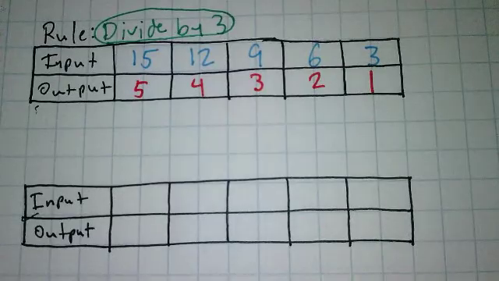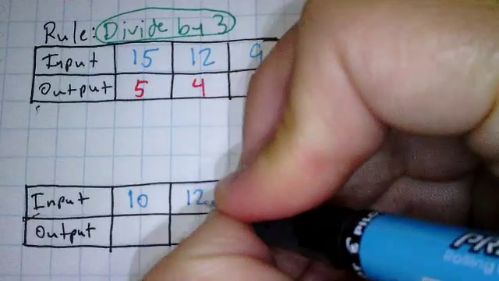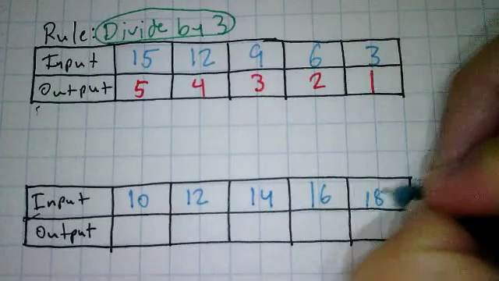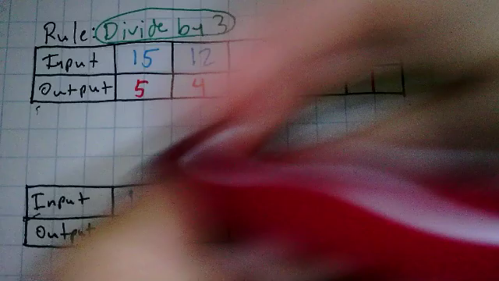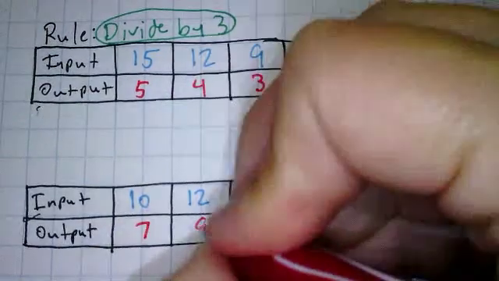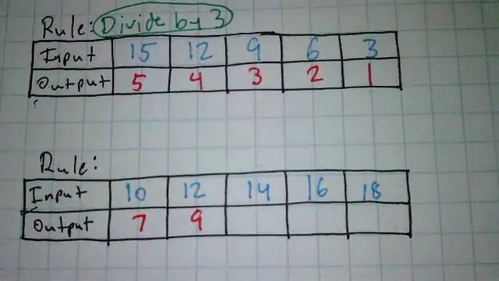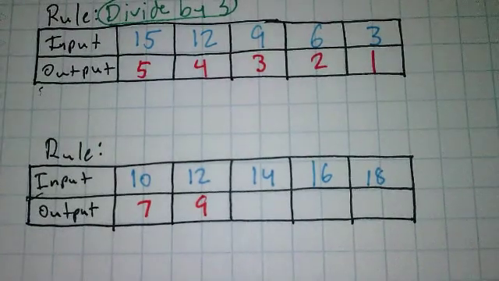They're going to give you all of the inputs, but only some of the outputs, and they're not going to tell you the rule. So you have to figure out the rule, and then once you know the rule, you have to fill out the rest of the outputs. Does that make sense?